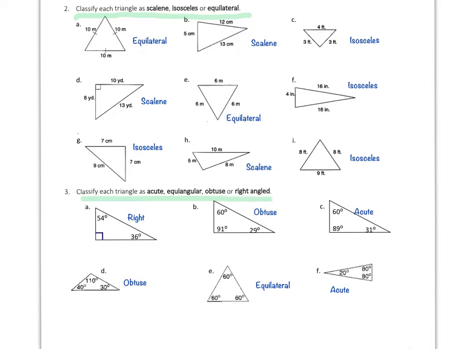So that's right, the right angle, obtuse, even though it looks, this is why I say we don't measure this, even though this kind of looks like 90 degrees, they tell you it's 91, so you have to accept what they give you. And this one, the same thing, they tell you it's 89, so we must say it's acute.